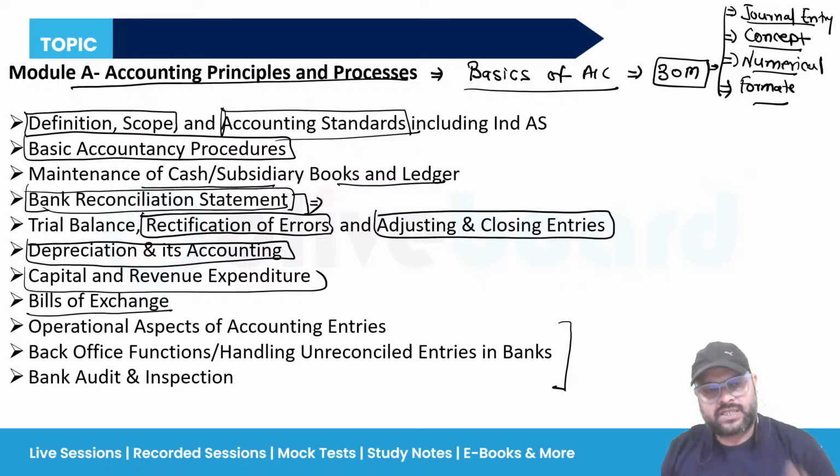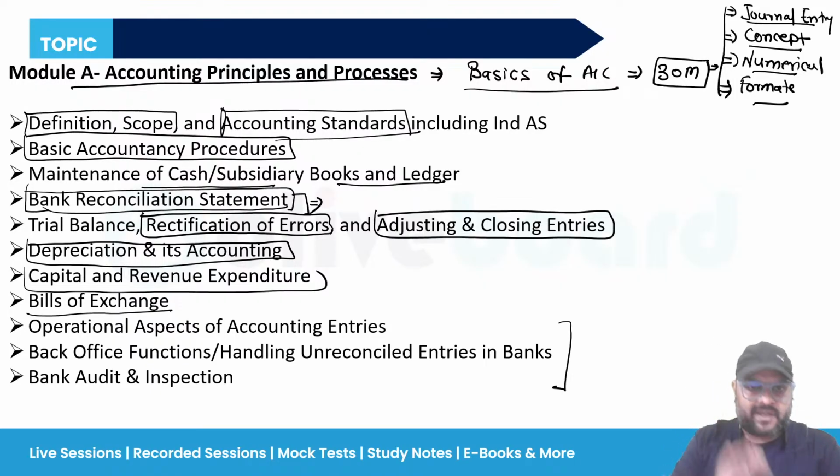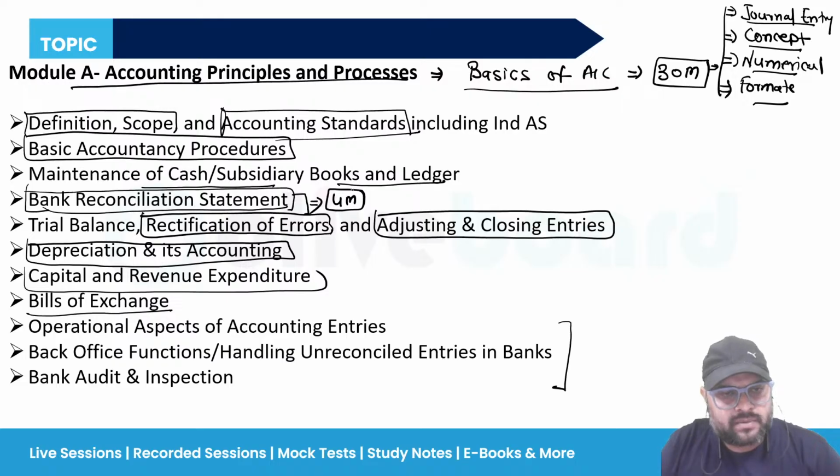These two topics need a more complex level of preparation. We'll try to cover them in the best, easiest possible way. The cumulative weightage of these two topics is 4 marks in your exam, so we'll give time to them accordingly.